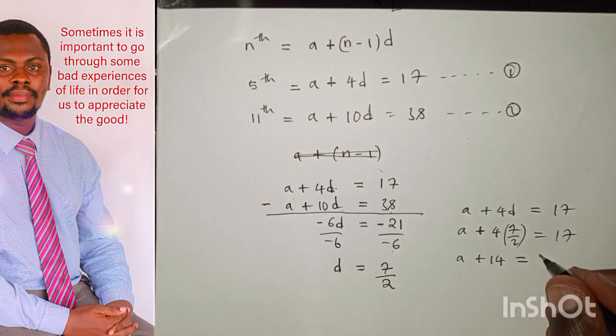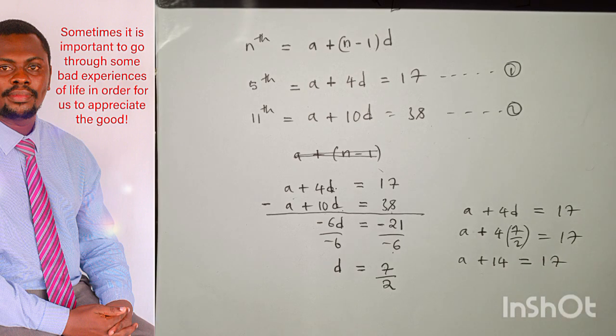is equal to 17. Okay, then since we are solving for A, we want to remain with A on this side of the equation. We have seen that here there is plus 14, and to get rid of plus 14 we need to do the opposite of plus 14, and the opposite of plus 14 is what? Minus 14.